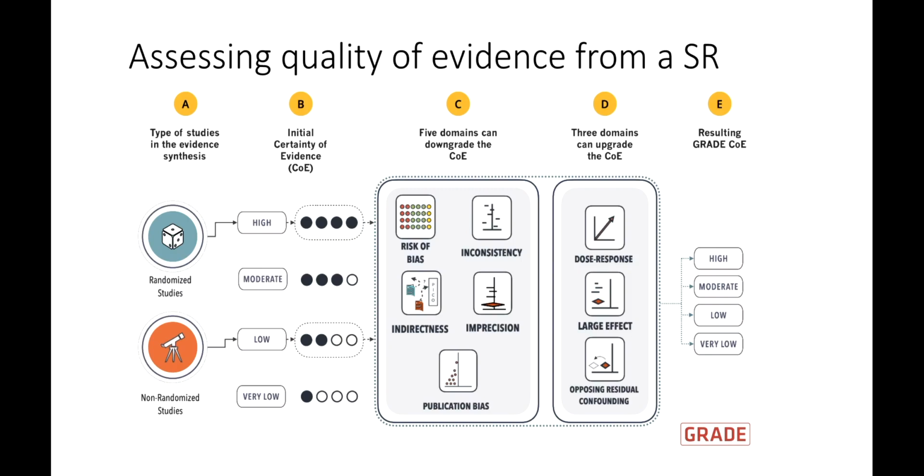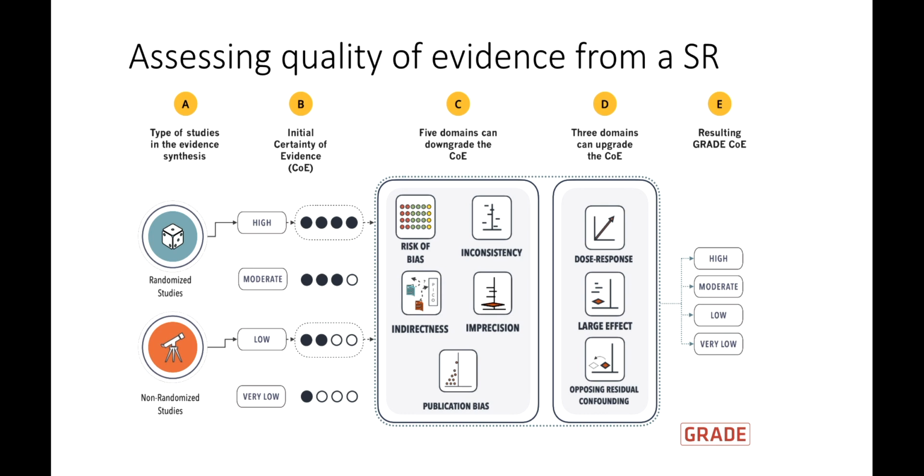Now, eventually, when you have compiled your sources of evidence, you will make a judgment about the overall quality of evidence. I will come back to that in the systematic review of evidence and the summary of evidence. In brief, I will already explain it here. The GRADE working group has proposed a rubric to classify evidence into 4 categories: high quality evidence, moderate quality, low and very low quality evidence.